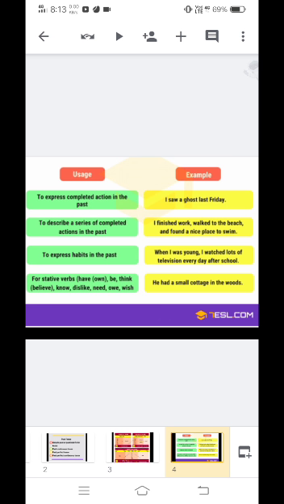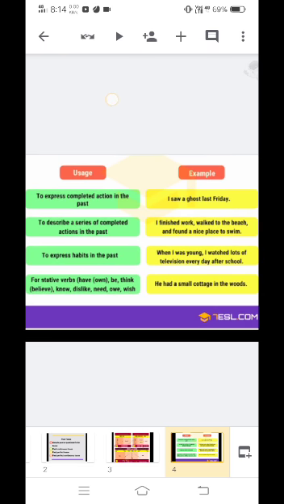The simple past tense is used to express a completed action in the past, like I saw a ghost last Friday. To describe a series of completed actions in the past: I finished work, walked to the beach and found a nice place to swim. Whatever I did, I am expressing as a series of actions that I completed in the past.